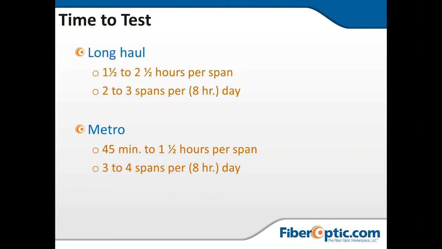On a long haul fiber with a very long distance on it, I could take an hour and a half to 2 hours per span, which means that with travel, I may get 2 or 3 spans per day. With a metro in town, shorter spans, it could go very quickly from 45 minutes to an hour and a half. And that's going to allow me with driving to get 3 to 4 spans in an 8-hour workday. So those are some of the numbers that you're going to look at.